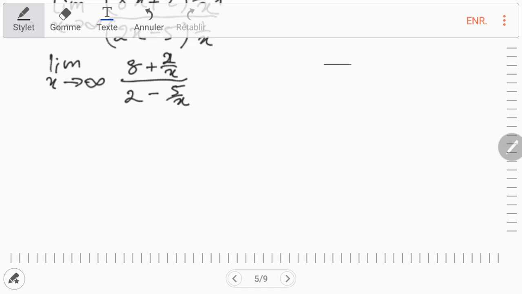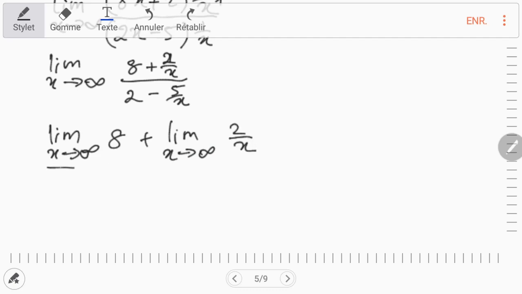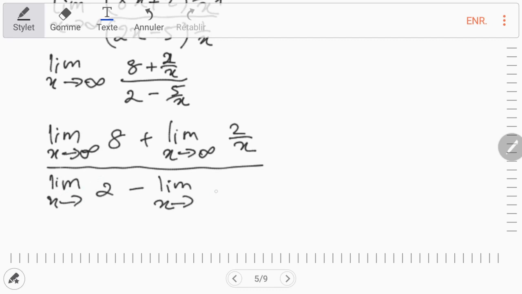If you apply the properties of limit, this is the same as the limit as x approaches infinity of 8 plus the limit as x approaches infinity of 2 all over x, all over the limit as x approaches infinity of 2 minus the limit as x approaches infinity of 5 all over x.